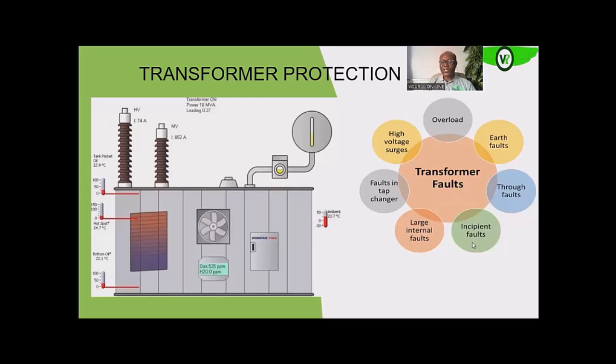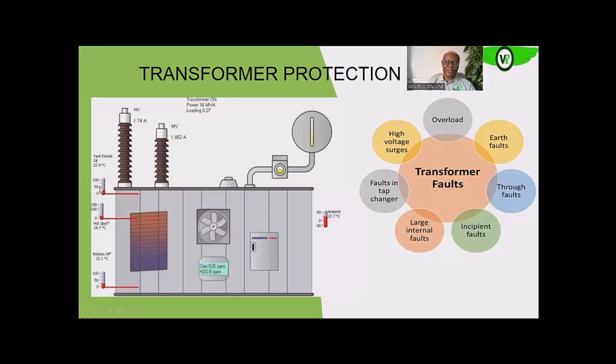For incipient faults that are developing, we also have protection systems that protect the transformer. The Buchholz relay is one of such, as we'll see later. As the fault is developing, the Buchholz relay will give us a warning signal that there are developing faults within the transformer.